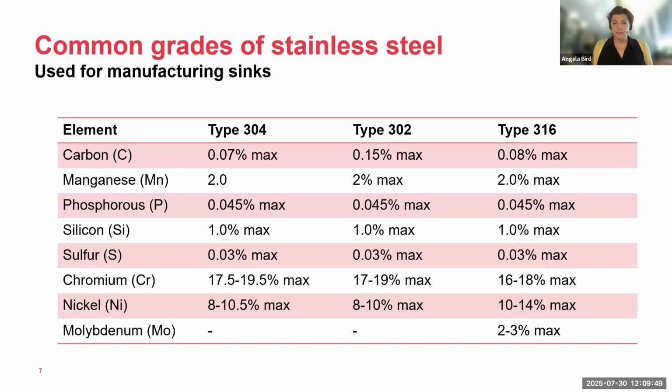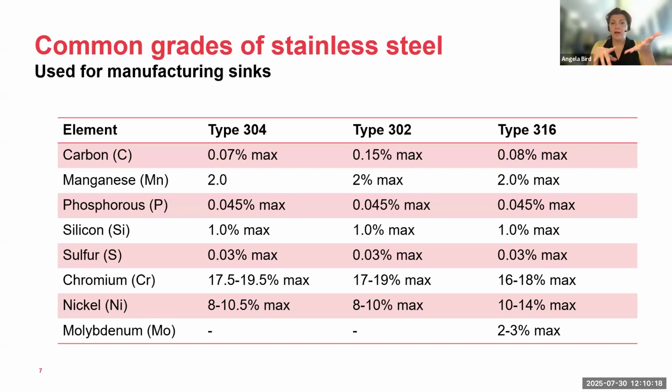These elements also impact the corrosion resistance of the final manufactured product. And as it turns out, you can get pretty specific on the desirable physical qualities of a material when you're manufacturing. So within the types of stainless steel 302, 304, and 316, there are subtypes. I'm not getting that deep into this, but some of those subtypes of stainless perform better than others when it comes to manufacturing deep drawn sinks.